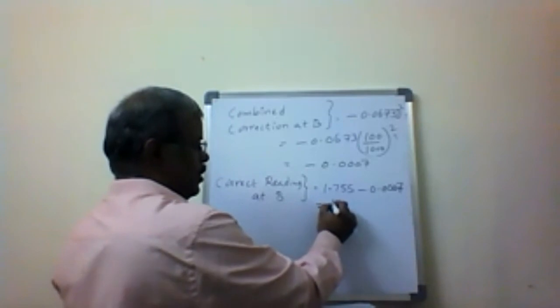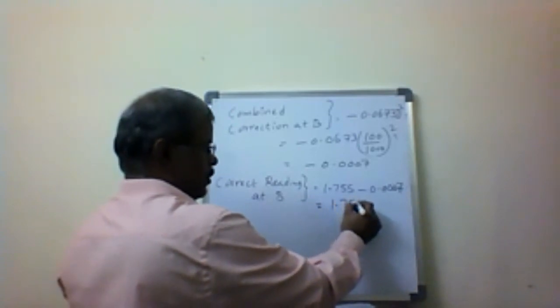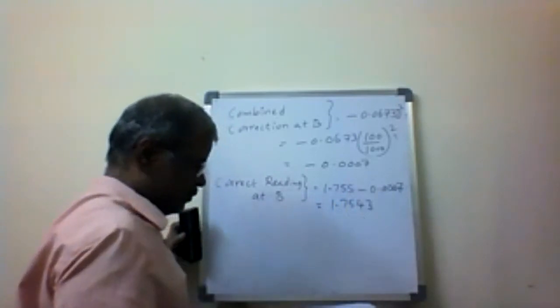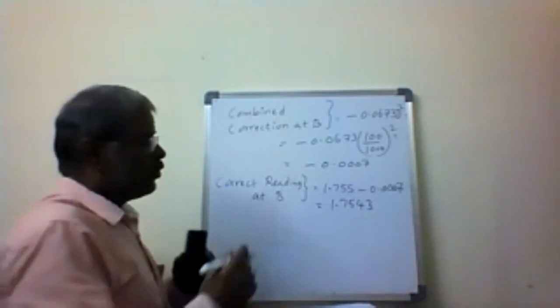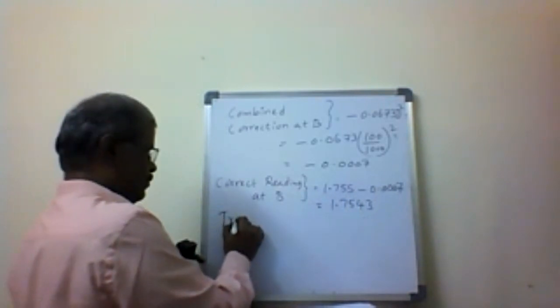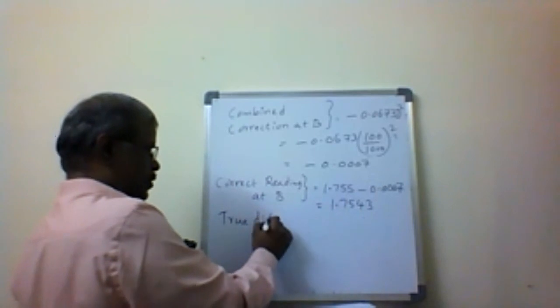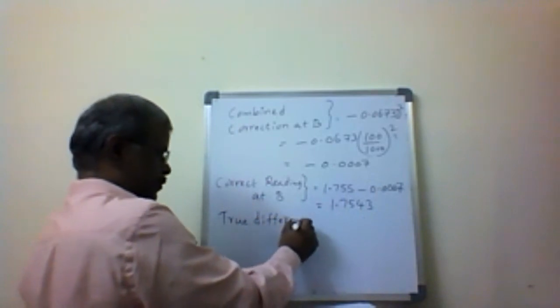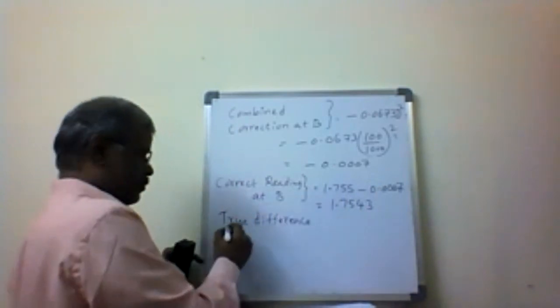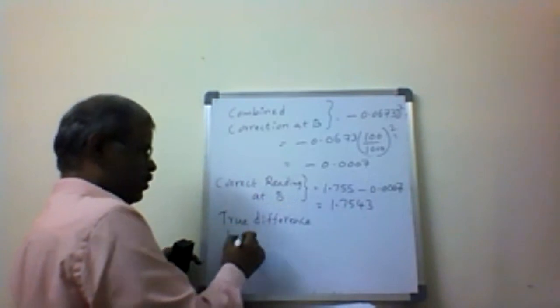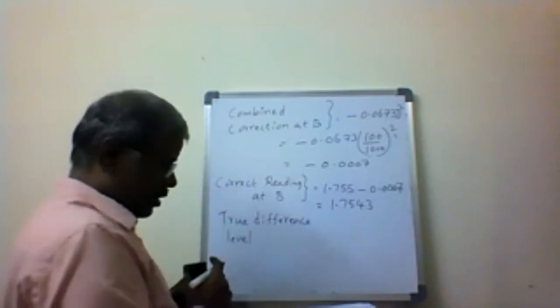Then it is 1.7543 meters. Now the true difference of level between A and B.